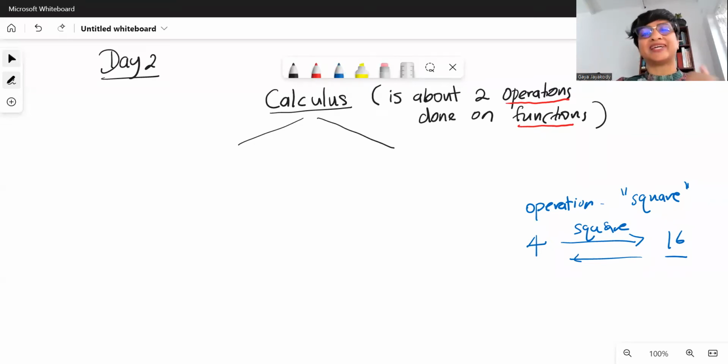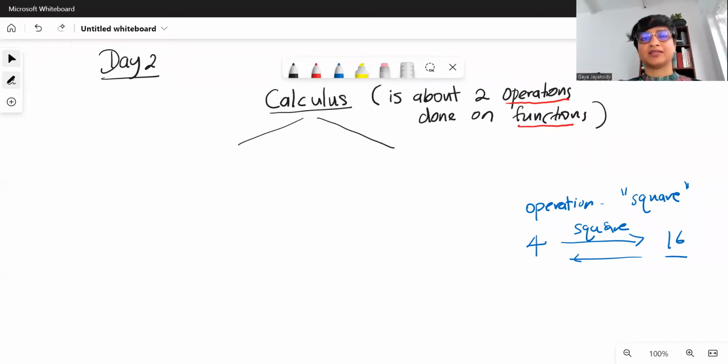What is the reverse or inverse of squaring? Root. Square rooting. Just saying root is vague, because rooting can be cube rooting, fourth rooting, fifth rooting.